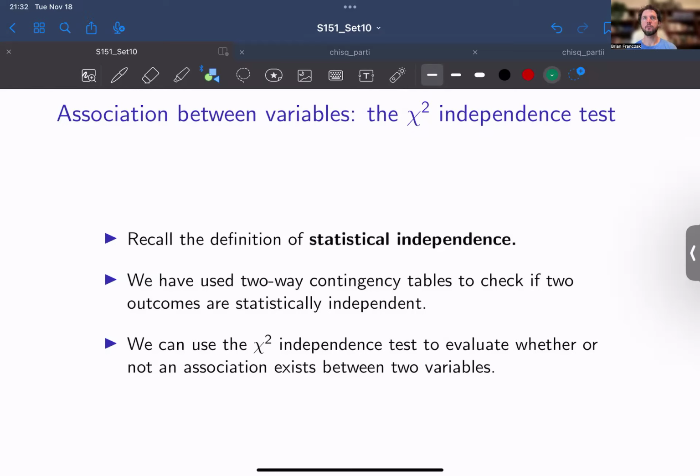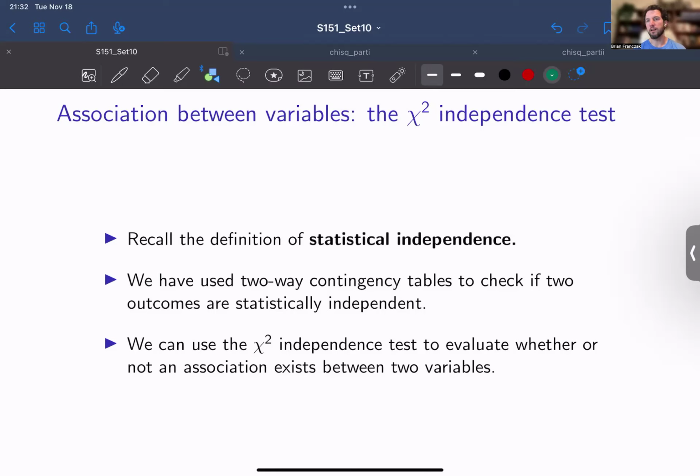As I mentioned in the first video, the chi-square goodness of fit test is essentially the hypothesis test we use for a single qualitative variable. So if we are interested in determining if the outcomes of a single qualitative variable follow some pre-established distribution, that's a goodness of fit test. The chi-square independence test is a test that is applied to two qualitative variables.